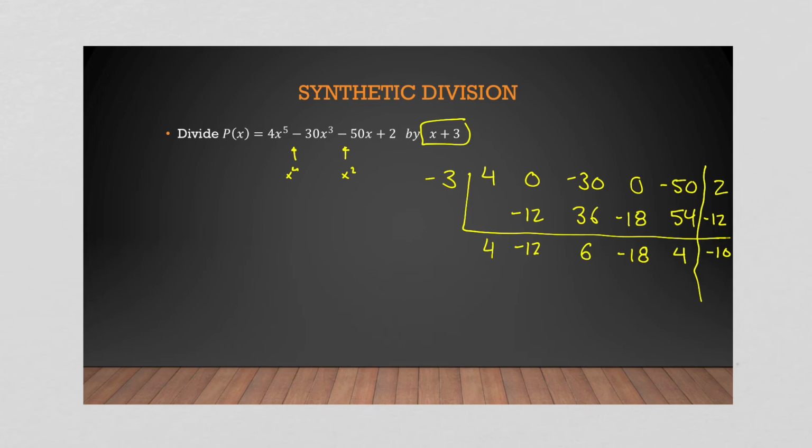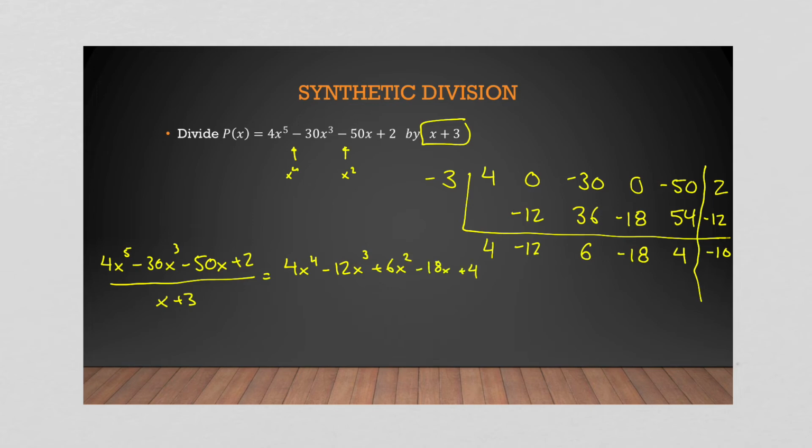So we can say that 4x to the 5th minus 30x cubed minus 50x plus 2 divided by x plus 3 equals, remember we drop 1 power, so 4x to the 4 minus 12x cubed plus 6x squared minus 18x plus 4, and then our remainder is negative 10.